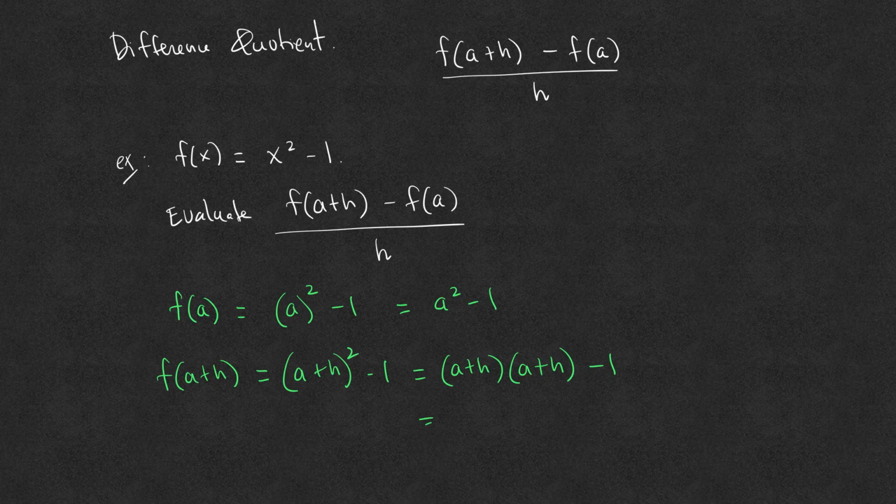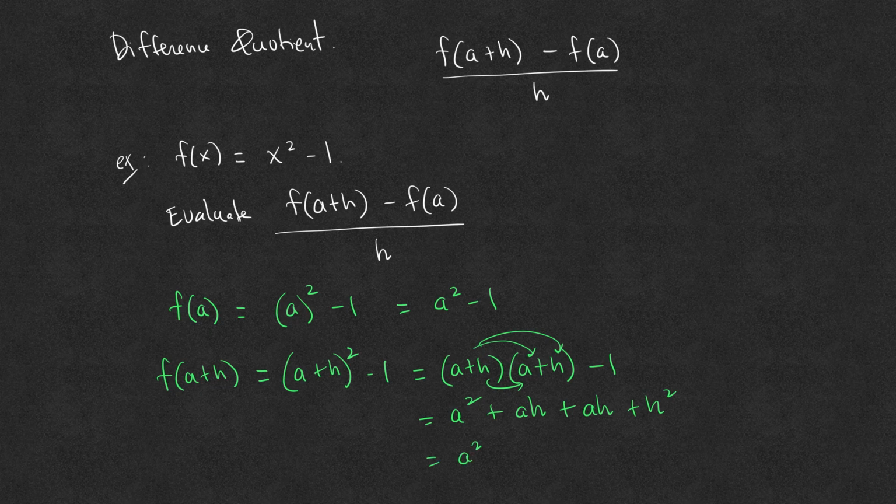If we FOIL this, we would have a times a, which is a squared, plus a times h, which is ah, plus ha or ah, because multiplication is commutative, and then h times h is h squared.